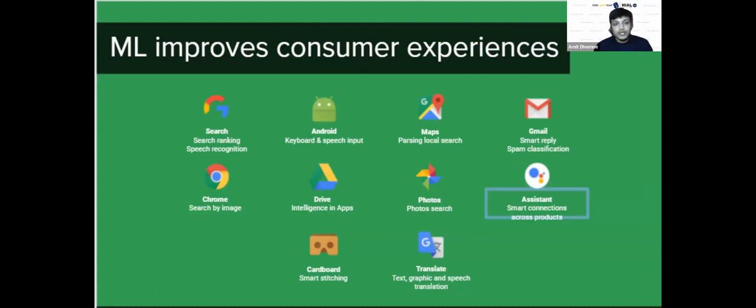Android: many of you are using Android mobiles, right? It is built on that. Who is handling that? Google. Your search engine, who is handling that? Google. And Gmail, Assistant, even you keep photos on Google, and on Drive you upload your data.